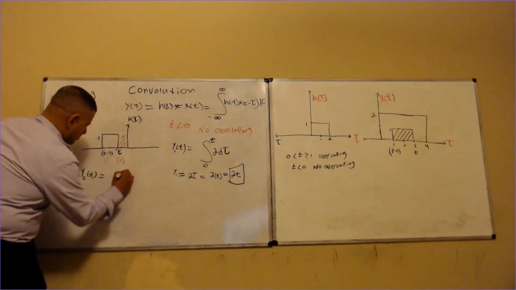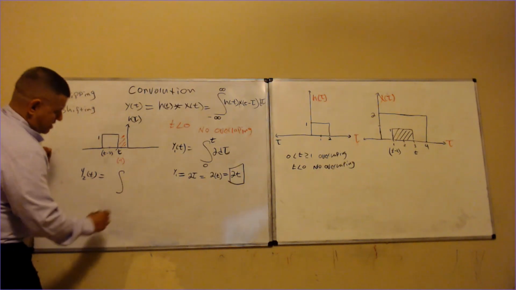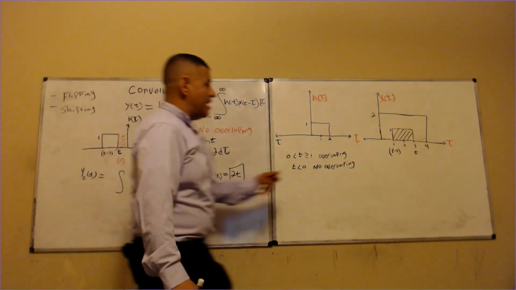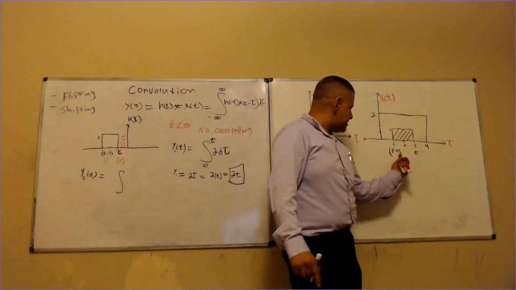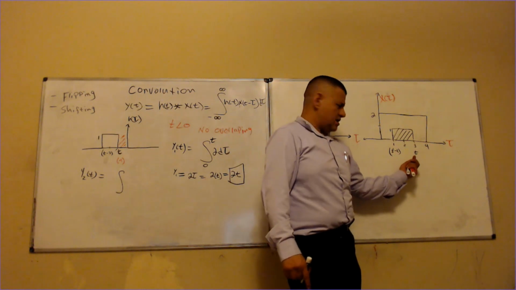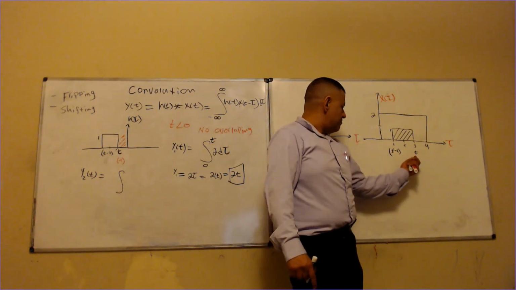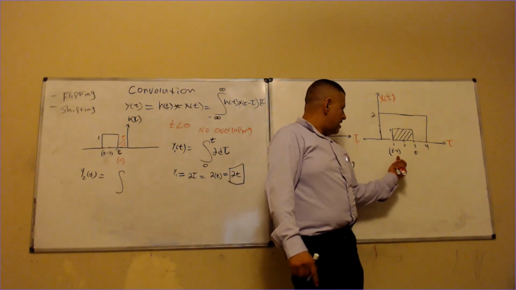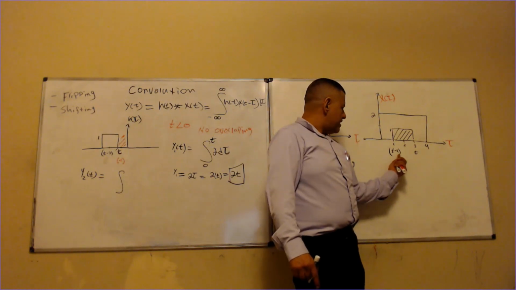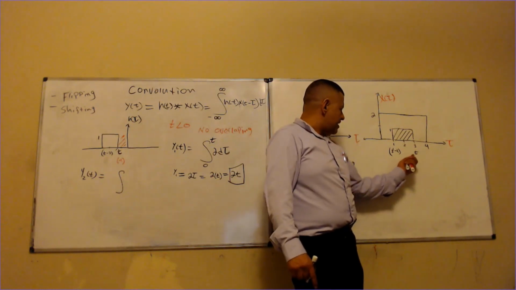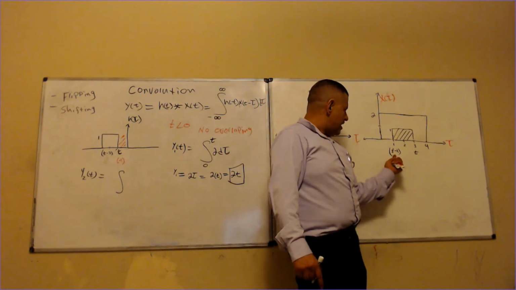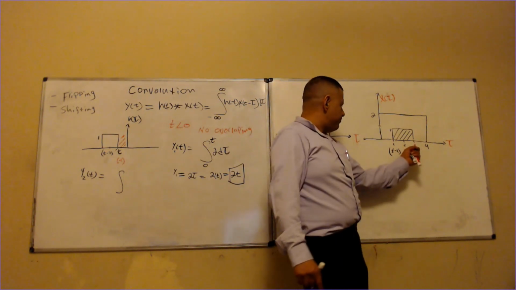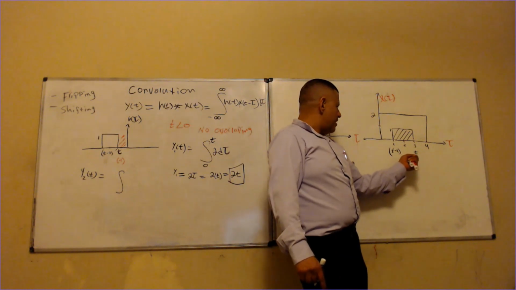Which is equal to the integral I am integrating now. Just think about it. This is a and this is b, so it's going to be top minus bottom, b minus a.